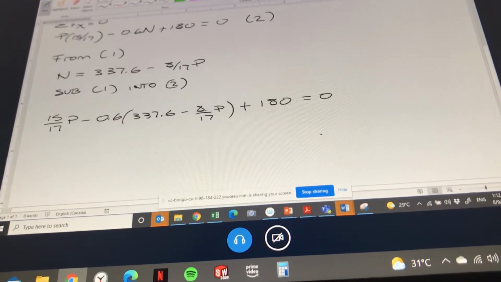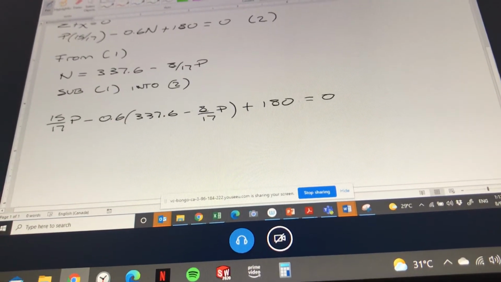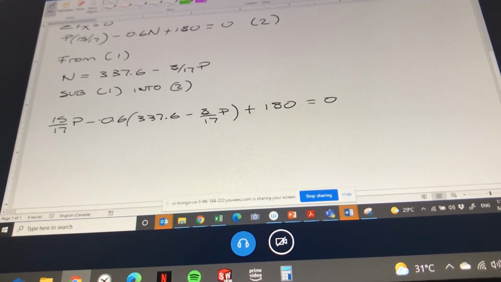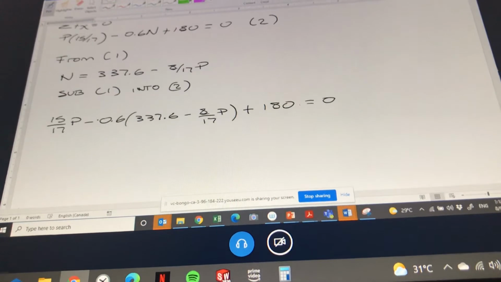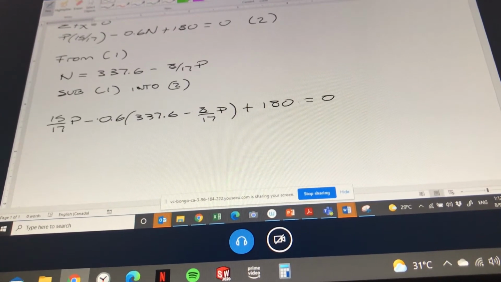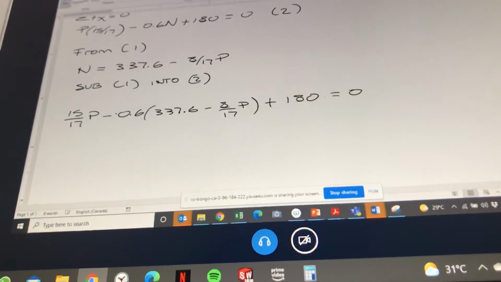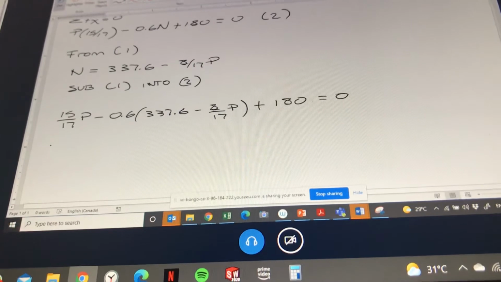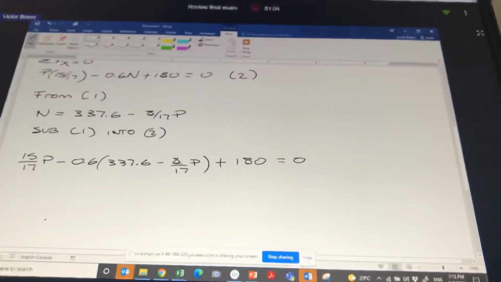Now we have to multiply all this. So it's 0.6 times 337.6, which is actually 202.56.